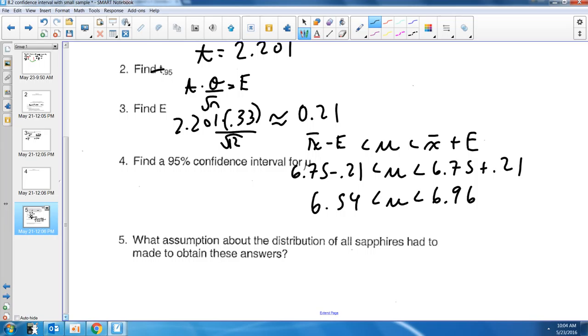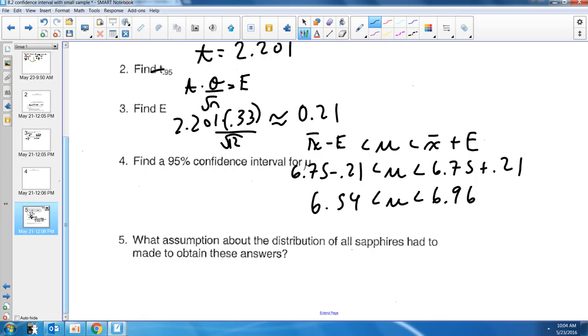Now, the last question is just one more point that we didn't cover, and it says, what assumption are you making about the distribution? And the assumption in this section is that your population is approximately normal. By using your T table, you have to assume that you're dealing with an approximately normal population, because it's not going to say it.